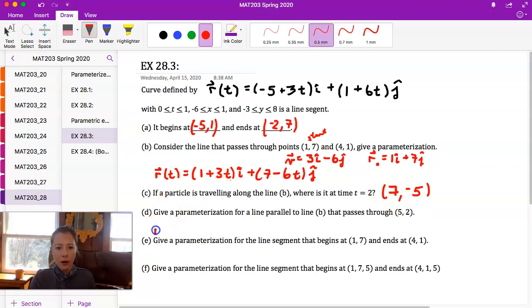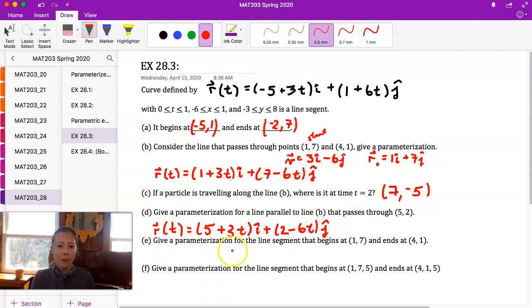So it's going to be r of t, and we want to pass through 5 for our x coordinate. And v is going to stay the same, so it's going to be 5 plus 3t i hat plus, then we pass through 2 for our y coordinate, and minus 6t is going to remain the same. So that's all there is to that piece.